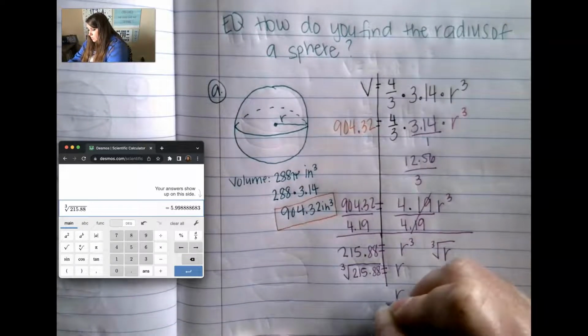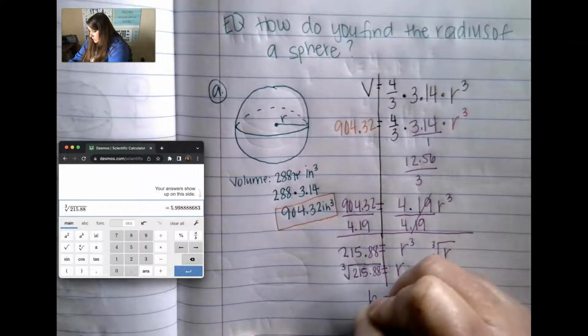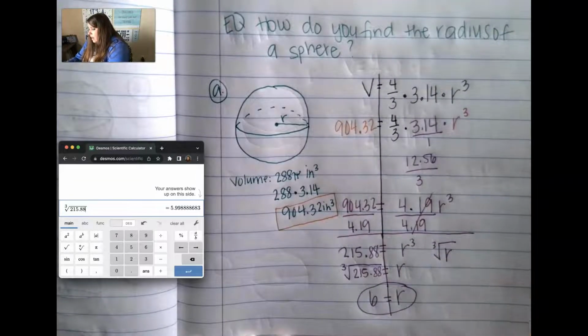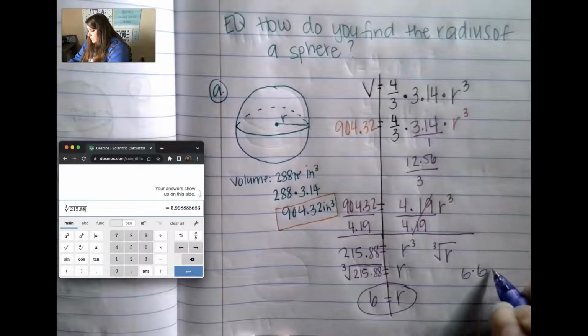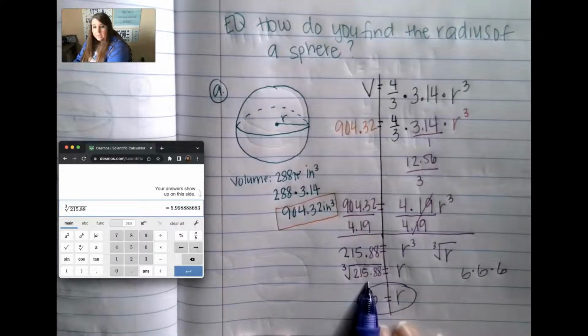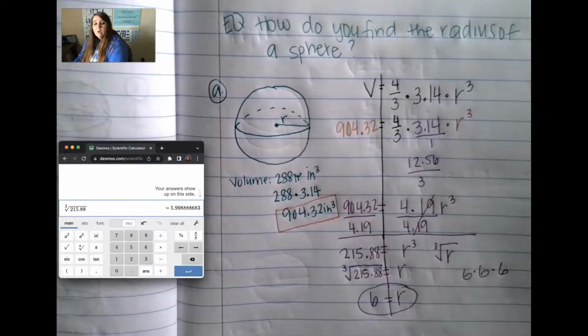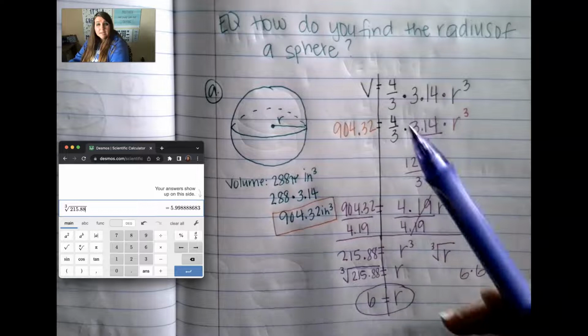We can round this up to r equals 6. So this means that 3 r's would be 6 times 6 times 6, and that would get us back to here.